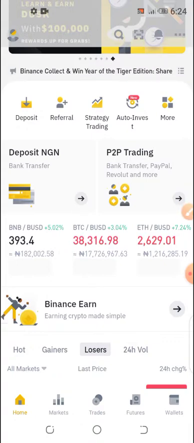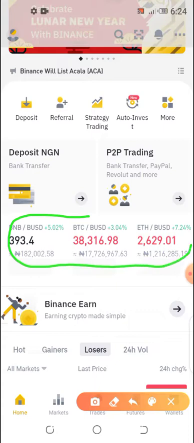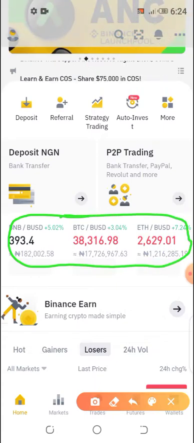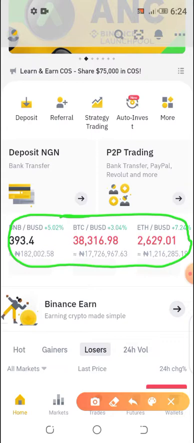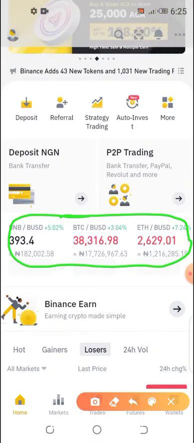Now notice that it just puts three major ones: BNB, BTC, and ETH. BNB stands for the Binance Native Token, BTC stands for Bitcoin, ETH stands for Ethereum, and BUSD stands for the Binance stablecoin.